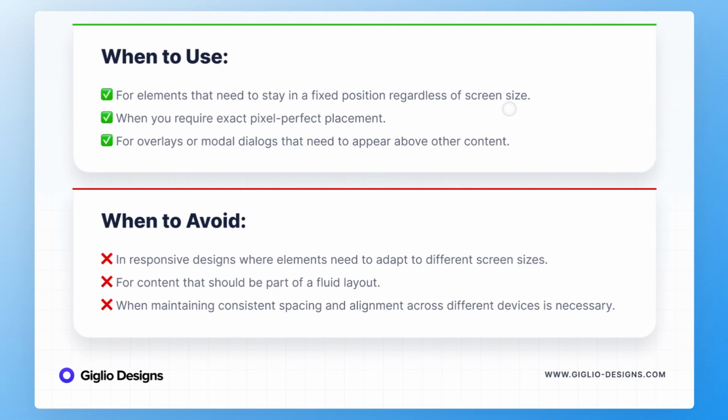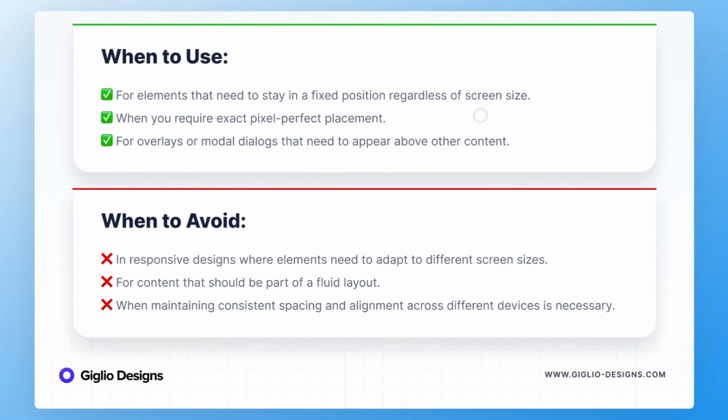Now, when to use absolute positioning and when to avoid it. The very first case of absolute position use is going to be for elements that need to stay in a fixed position regardless of the screen size.